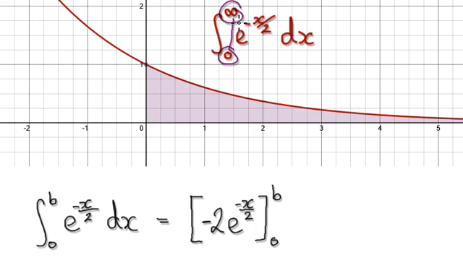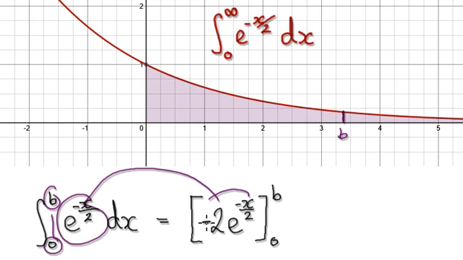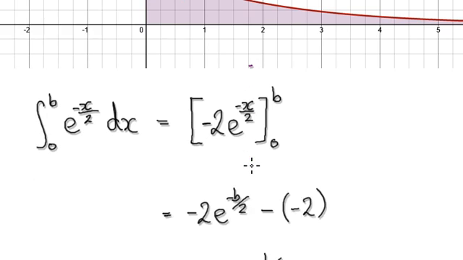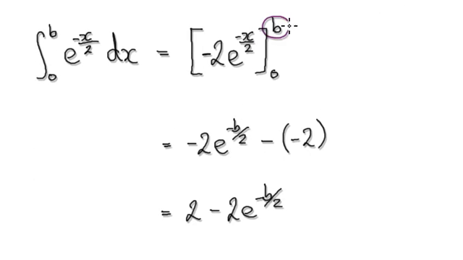So let's start again here. To evaluate from 0 to infinity, let's just say we want to evaluate it to B, so we're going to integrate it from 0 to B. Integrate this, and it will give you this. We've done this in the past, so you should be able to integrate it by now. You would then put B into here, so that would be this bit here, and then take away, and put 0 into here.